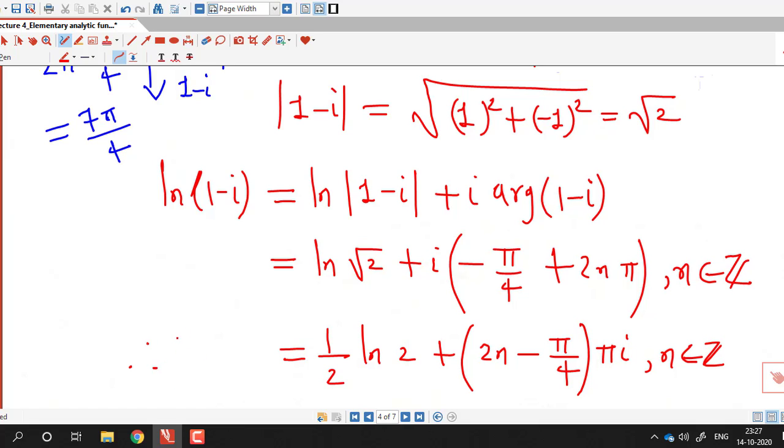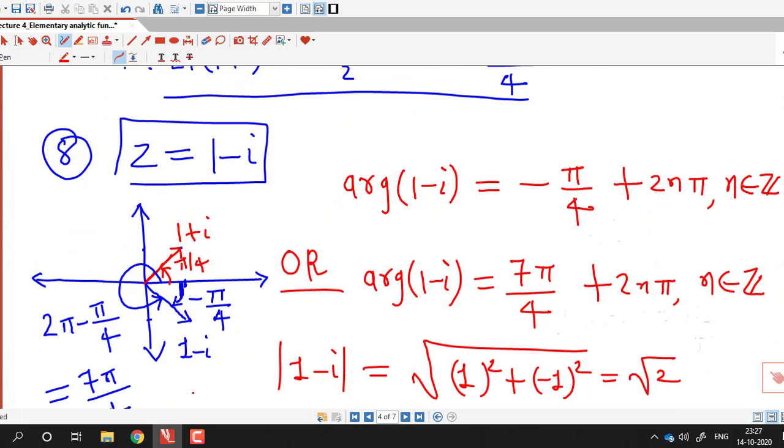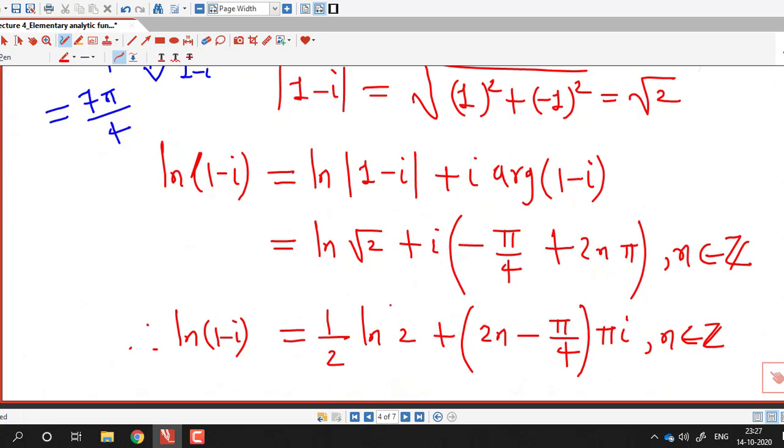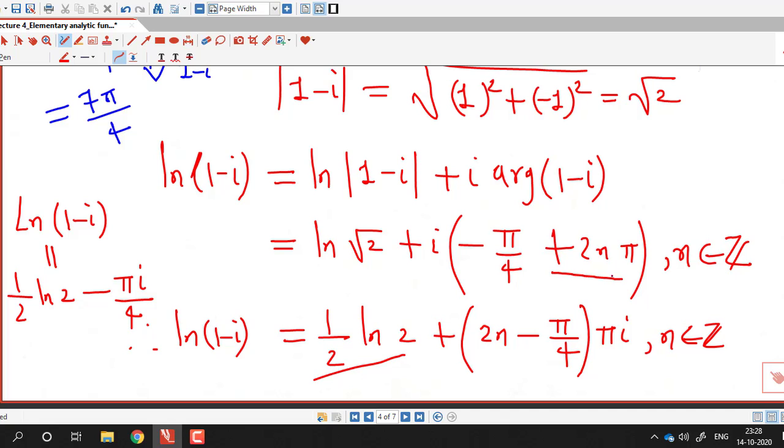So this is the general logarithm of 1 minus I. For the principal logarithm, we have to consider the principal argument as minus pi by 4, and the absolute value is the same, 1 by 2 into ln 2. So the principal logarithm of 1 minus I is nothing but 1 by 2 ln 2 and minus pi by 4 into I. Instead of plus 2n pi, we will just write down minus pi by 4, if we replace this small argument by capital argument, that is the principal argument.